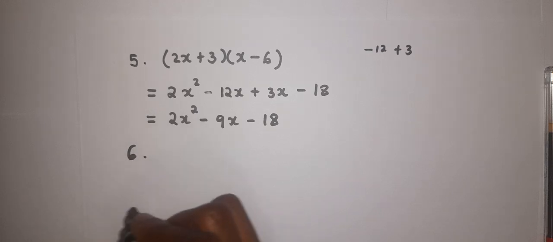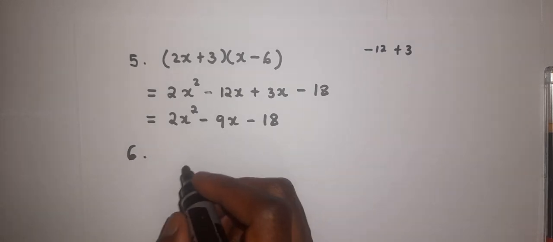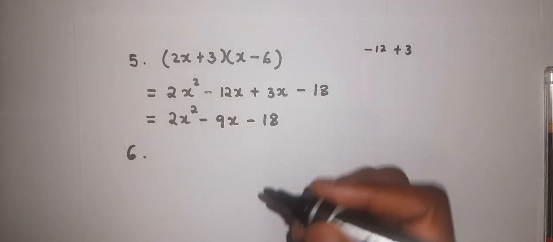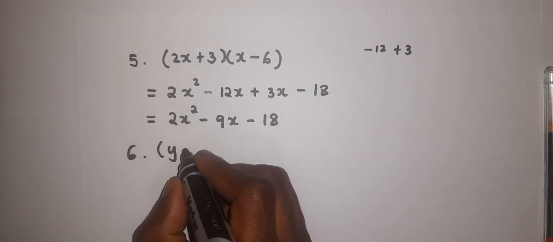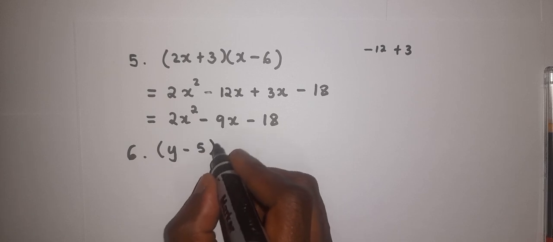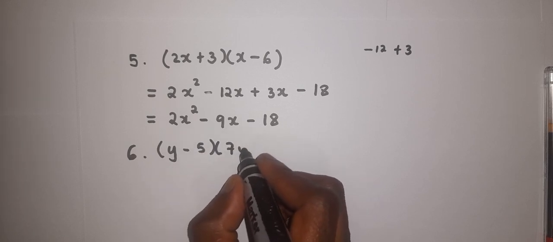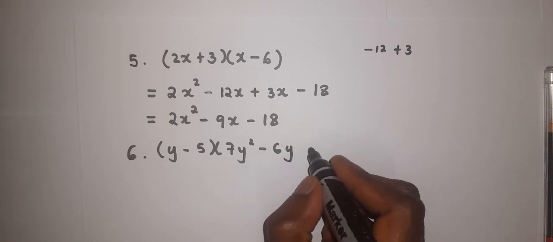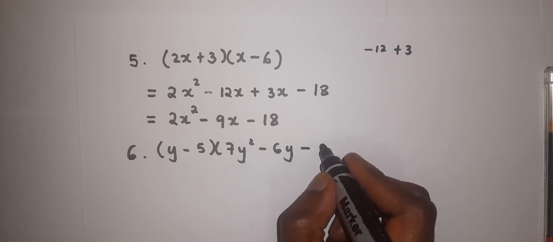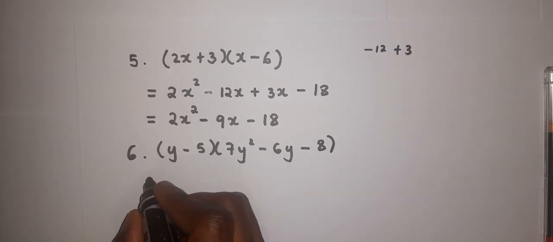Next expression. Let's look at an expression with y because we've been dealing with x. Let's see how the mathematics applies there. y minus 5, then we have 7y squared minus 6y, and then we have -8.